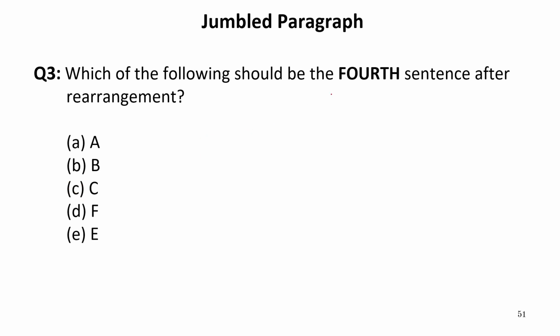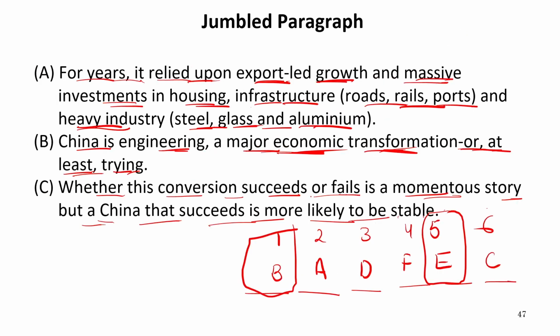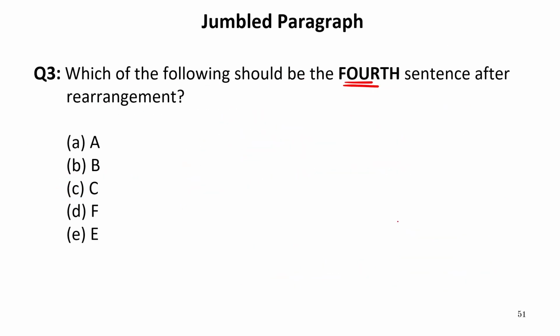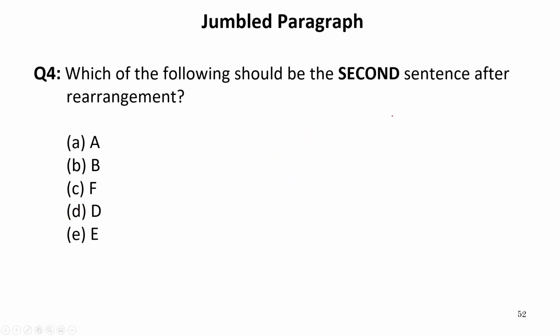Now let us move to the next one. We have been asked about the fourth sentence after rearrangement. The fourth sentence is F. F is given in option D. So our answer will be D. Now let us move to the next one.